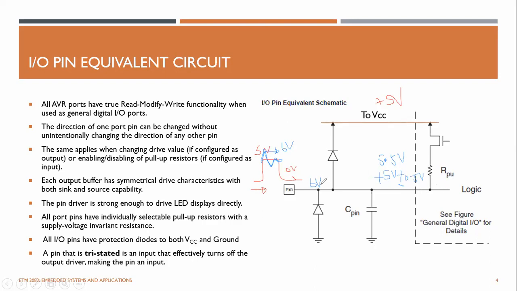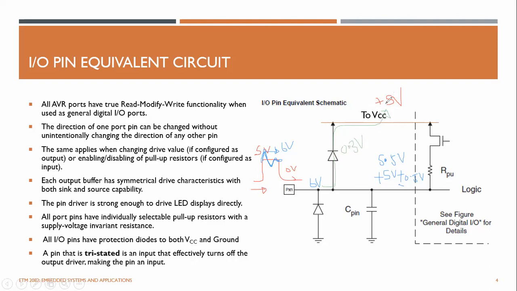In that case, you can see this is 6 volt and this is 5 volt. Now this diode can be forward biased because this side has the highest voltage and this side has the lowest voltage. So this diode will allow current to flow to this 5 volt channel. When this diode is forward biased, if it is a Schottky diode, there's only about a 0.3 volt drop.